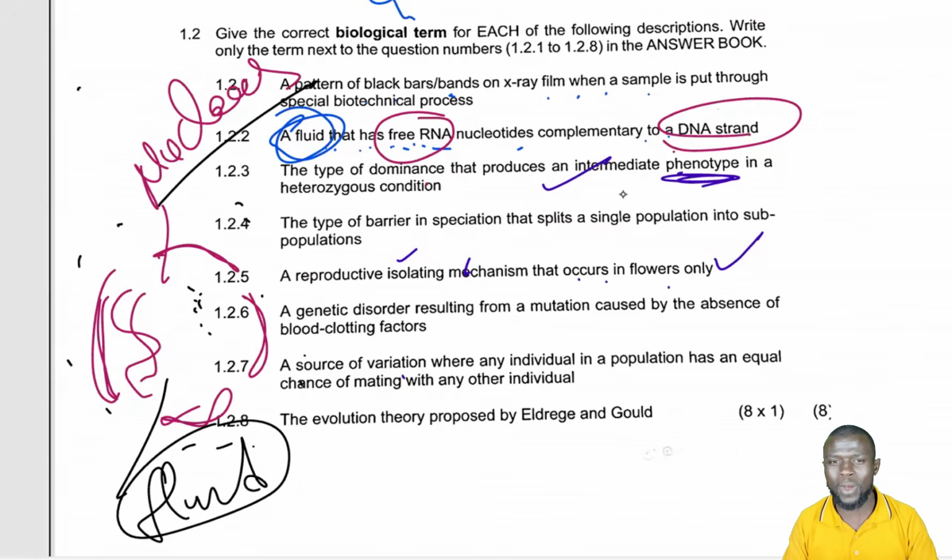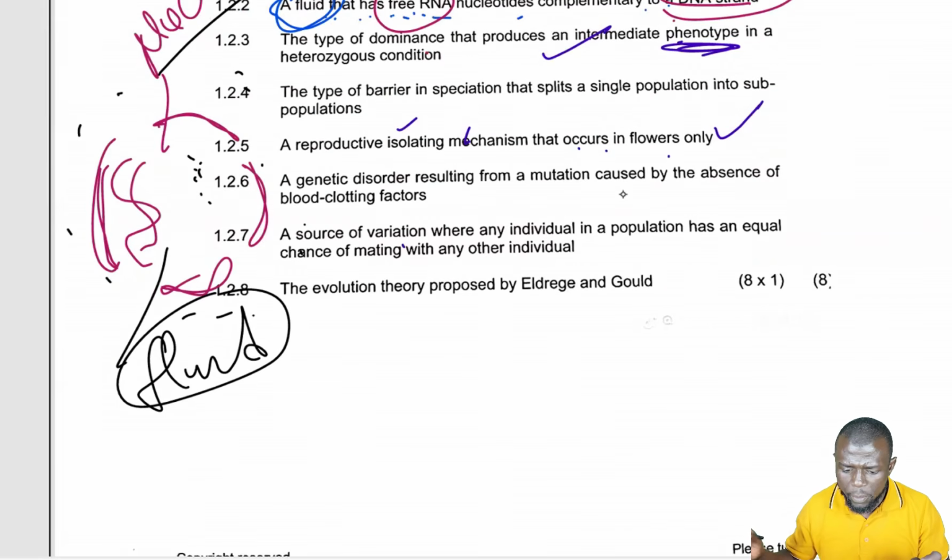For example, insects: you are specific to a specific insect with a specific shape of the beak. Or pollinating at different seasons of the year. So that is it. Then we go to the next question.